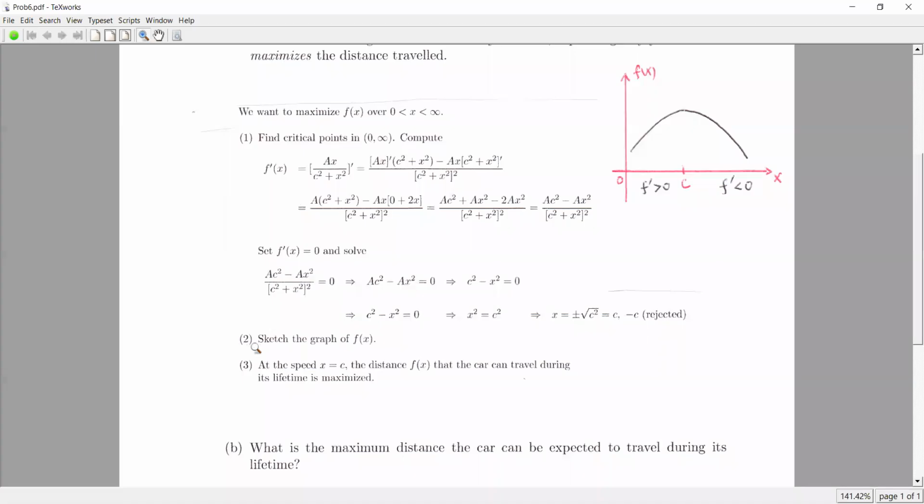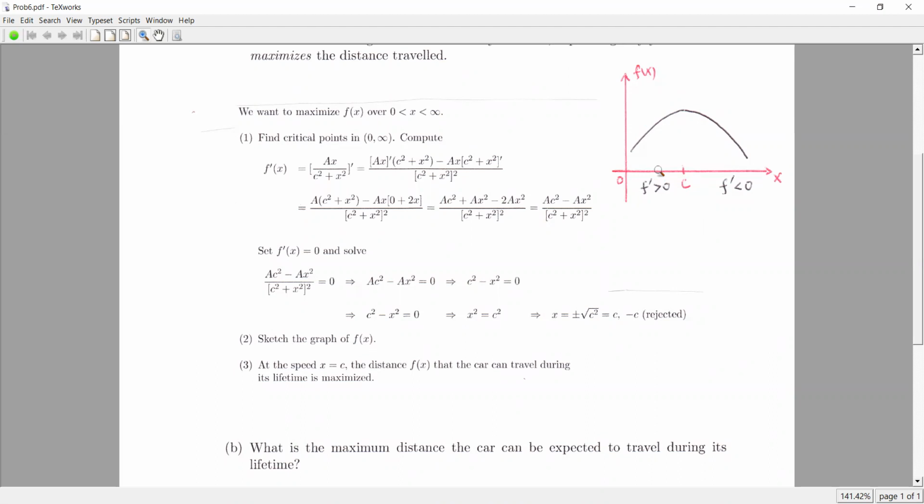The second step of the open interval method: sketch the graph of function f. Here I draw an xy plane, and suppose this point is the critical point C. Between 0 and C, I arbitrarily pick a point, say C over 2.